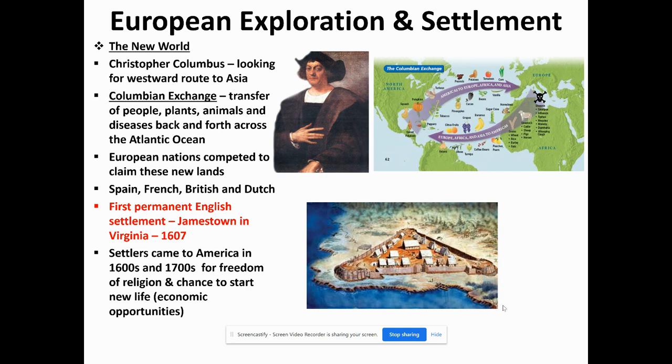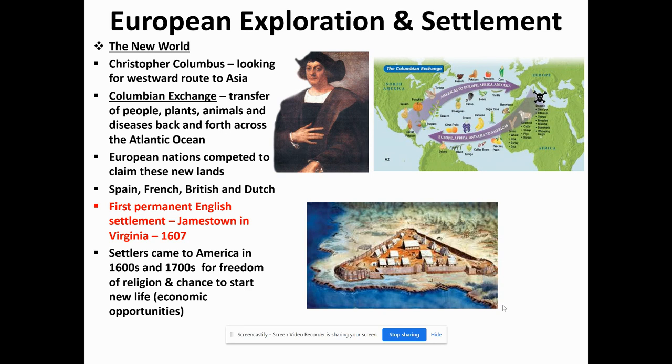And so seeing this new world with all of this unexplored land available meant that you had this new opportunity. That's what we're going to see as a pull for much of the European exploration and settlement that's going to take place. A lot of them see this as their chance to make something socially and economically of their lives.